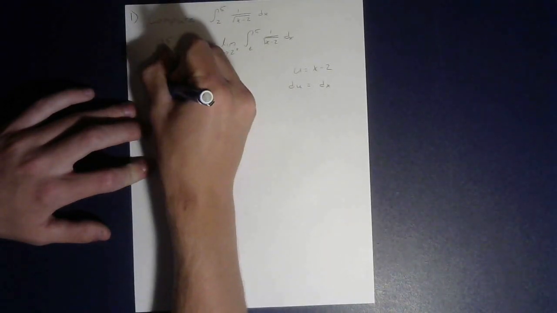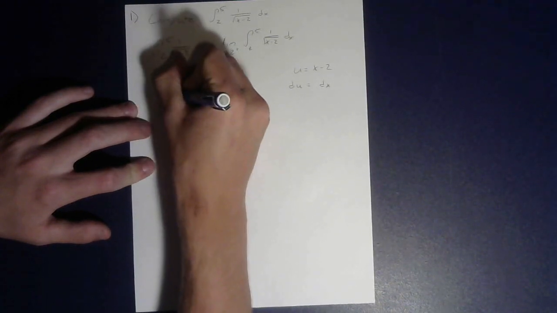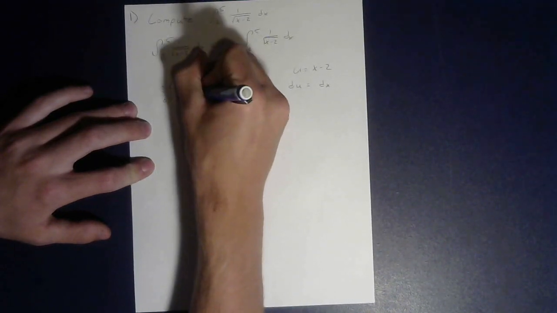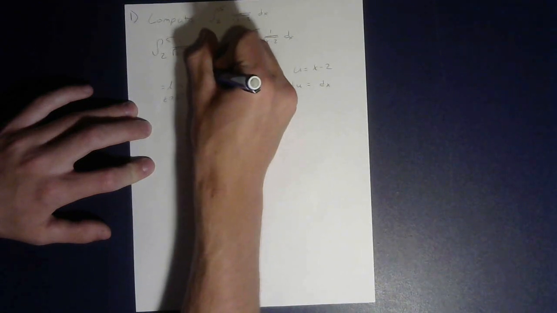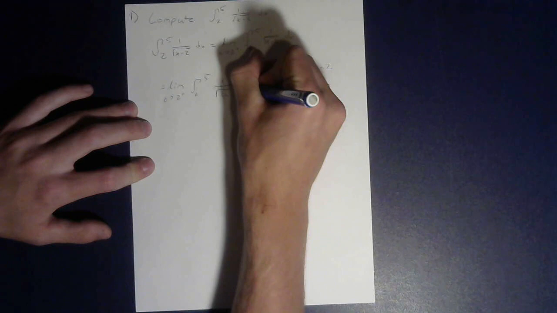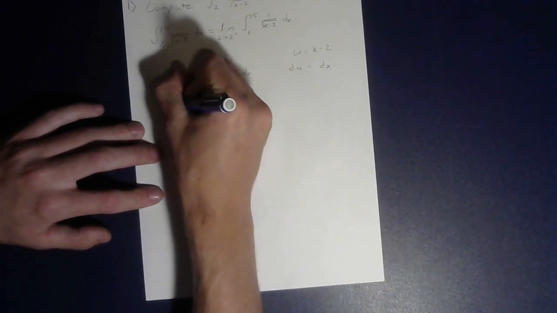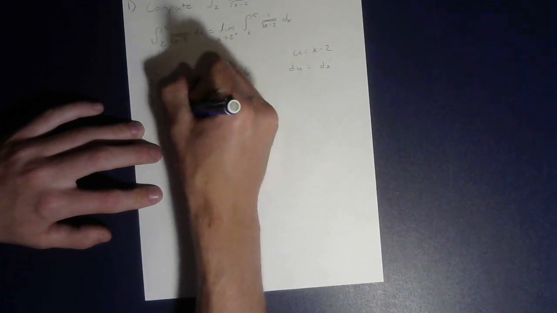So we're going to say limit as t approaches 2 from the right of the integral of t to 5 of 1 over the square root of u du. Then we're going to simplify this.